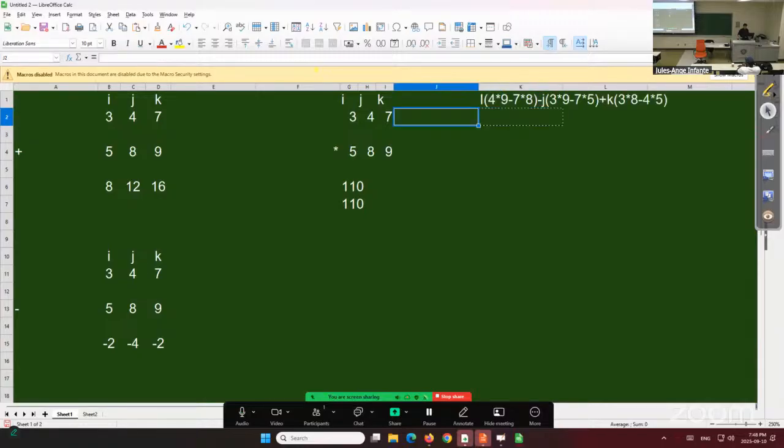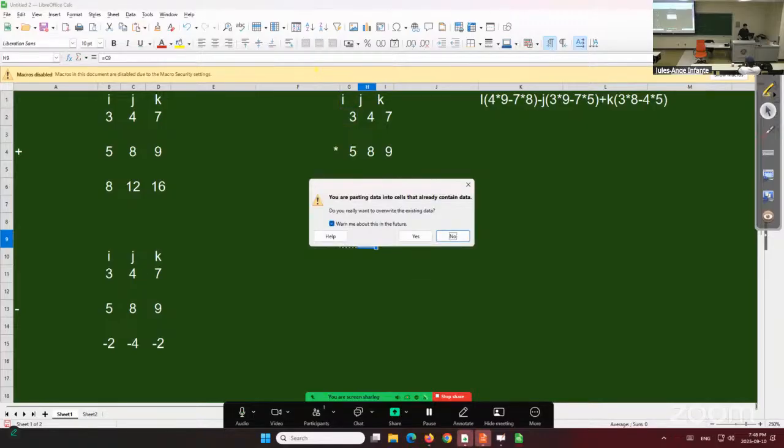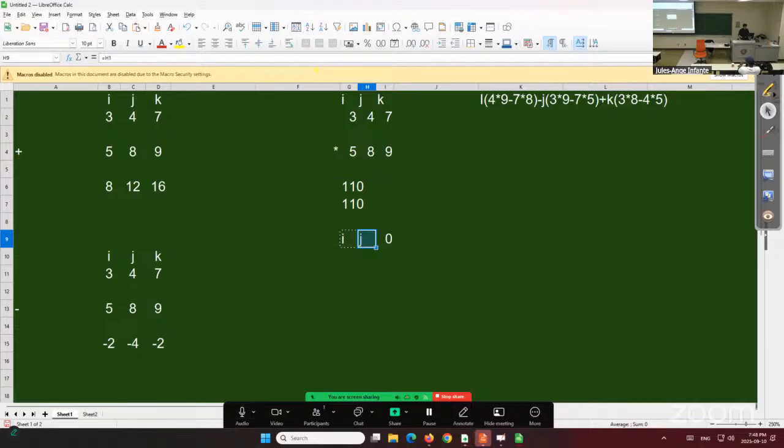Okay, so if I were to do the cross product here, I would have A, so let's copy IJK, which is what I want. Okay, so IJK, there you go. And so here we say I is 4 times this minus 7 times.